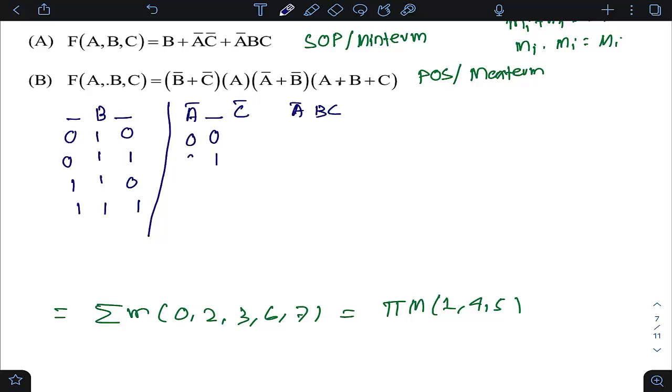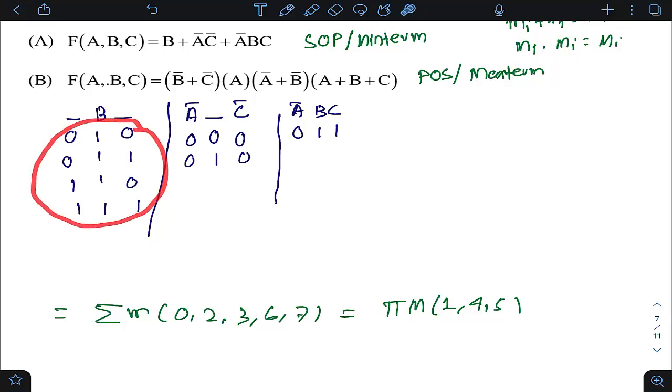Variable complement means 0. And here variable complement is 0, variable is 1 and this is 1. So what are the decimal equivalents of this binary? 2, 3, 6 and 7. This is 0 and 2 and this is 3. So these numbers you take out.